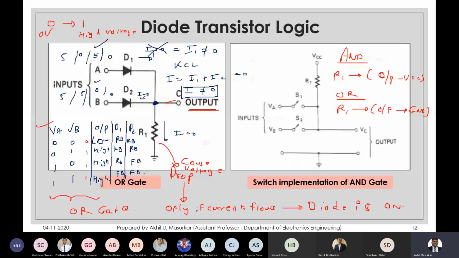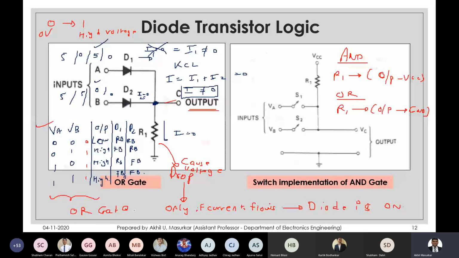Shubham, are you getting this thing? Yes, sir. So does the value of the resistance matter, like change in AND gate and OR gate, or does it remain the same for all the gates? So that's a very good question.